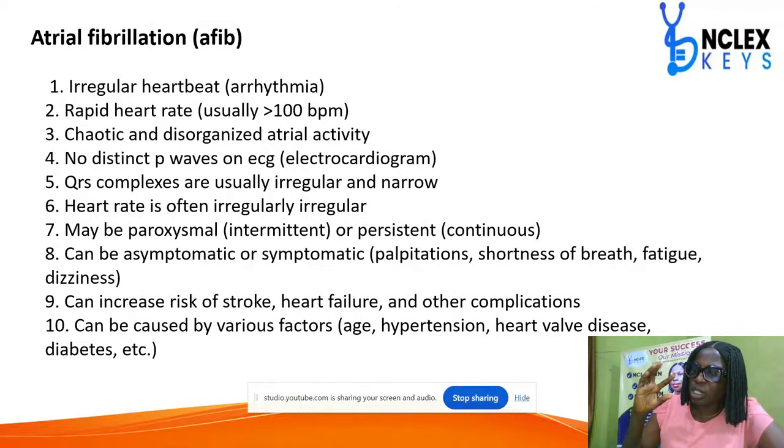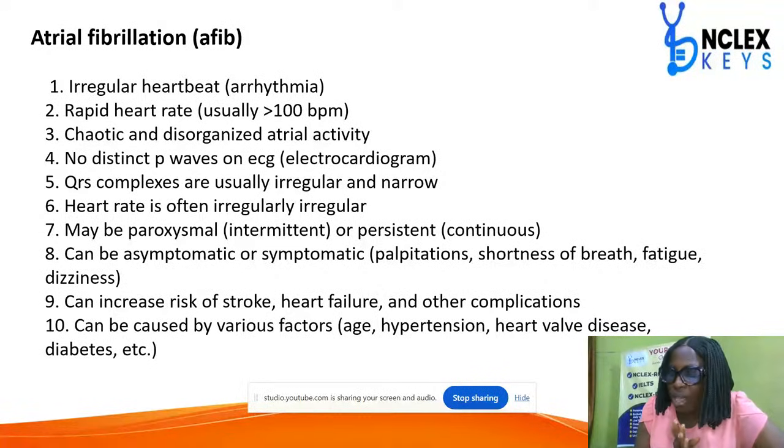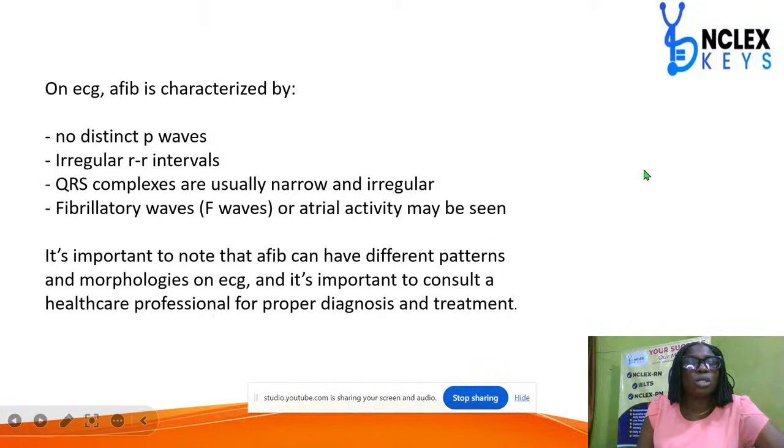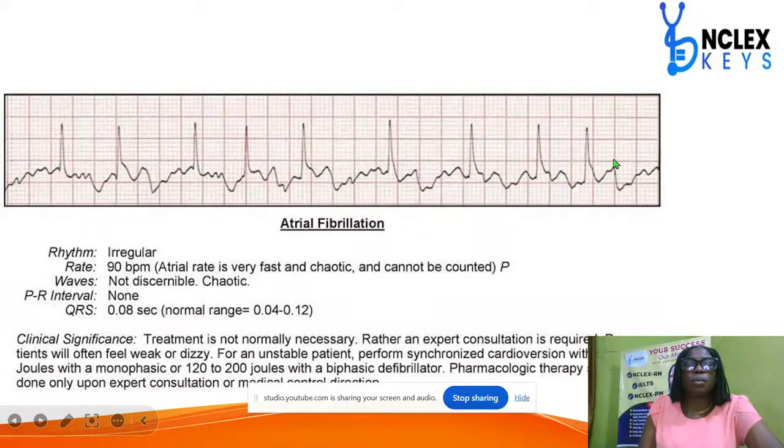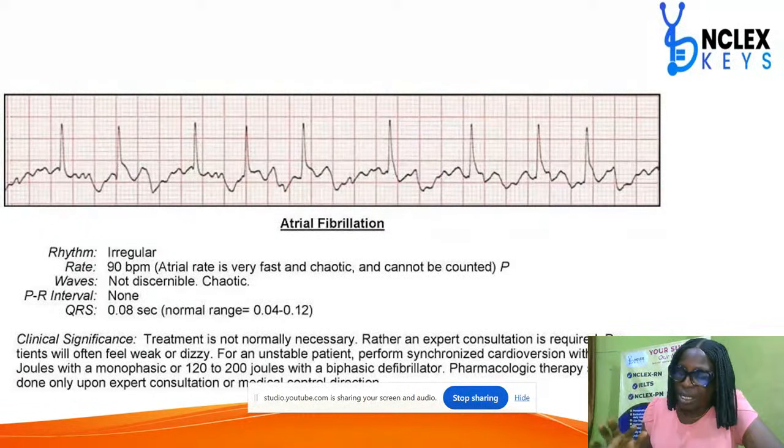So even if what P is doing in between is looking the same, they might give you a graph where the P will look the same. Just look at their regularity. See the AFib. You can see that this P is also looking like sawtooth. You might have the one that is actually fibrillating, like our water wave here.